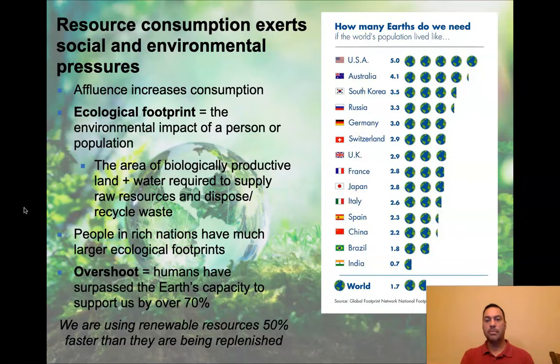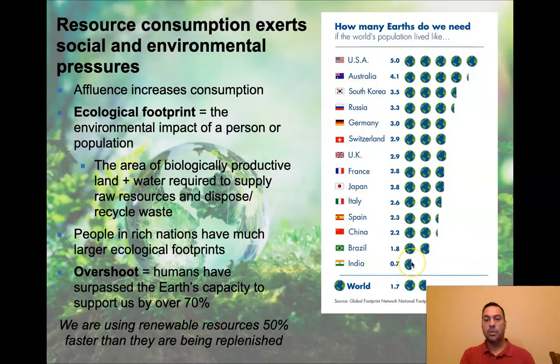Let's give you an example of this. How many Earths do we need if the world's population lived like, let's say, the United States of America, where this is being recorded? It turns out if all 7, almost 8 billion of us lived just like the way that Americans live, it would require 5 Earths of resources to accommodate that. Whereas on the flip side, if everybody lived just like India does, it would only require 7/10 of 1 Earth.